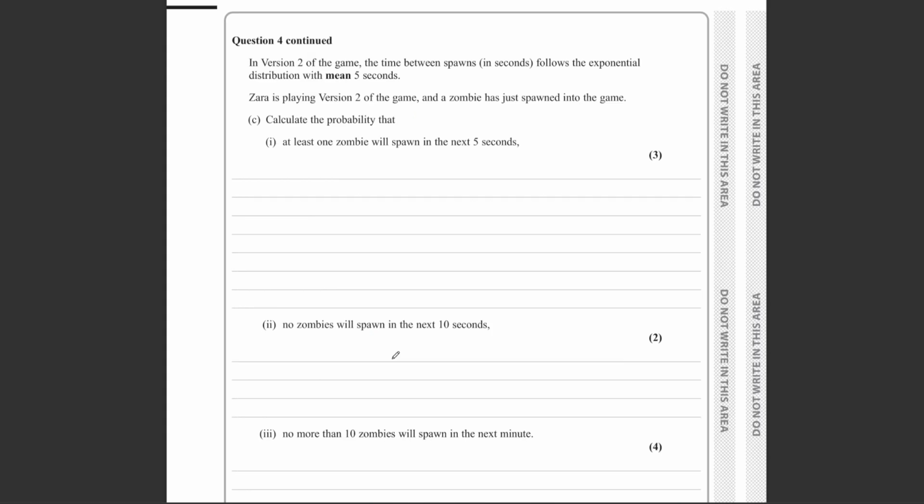In question C, we need to use the Poisson distribution.